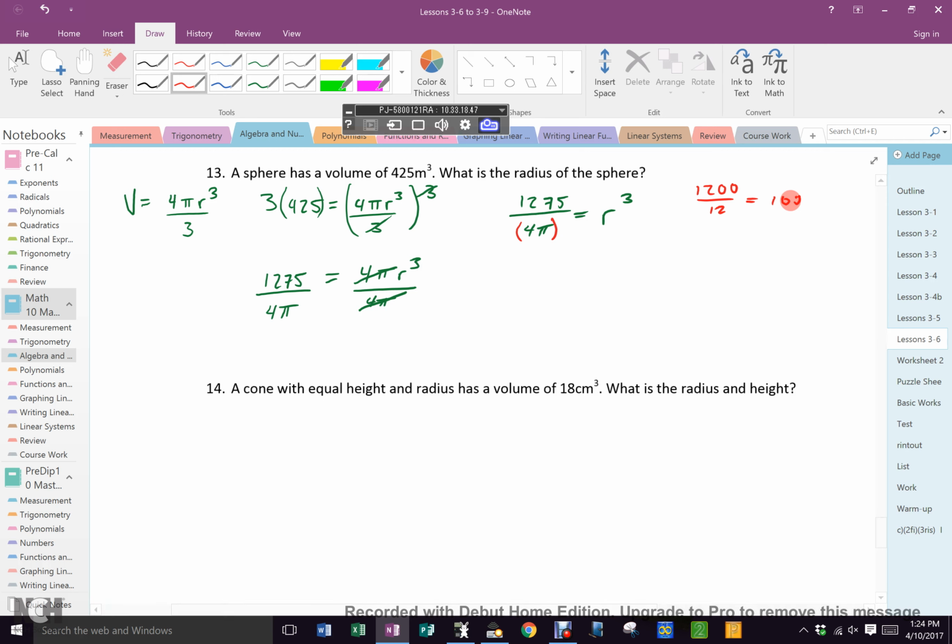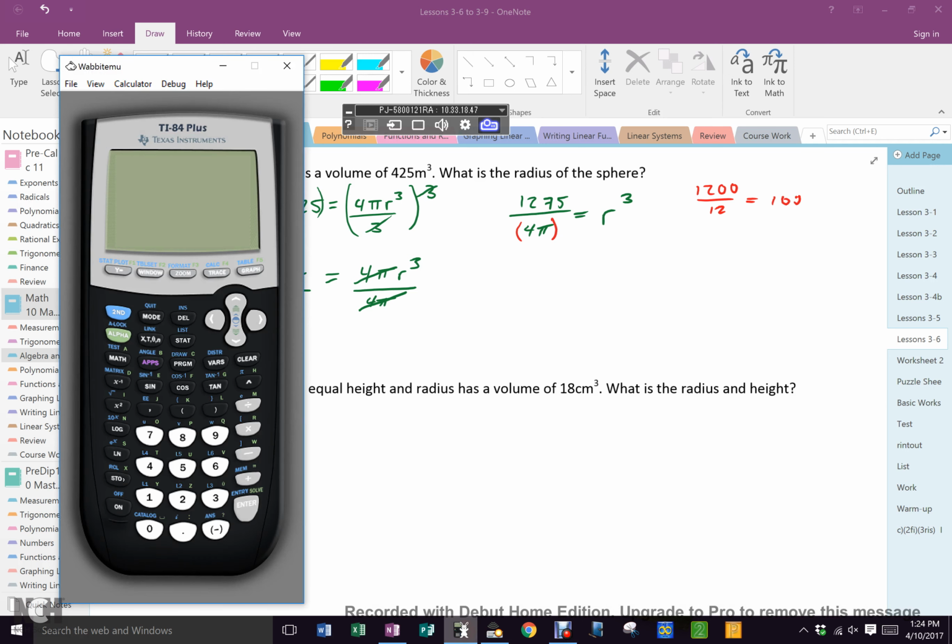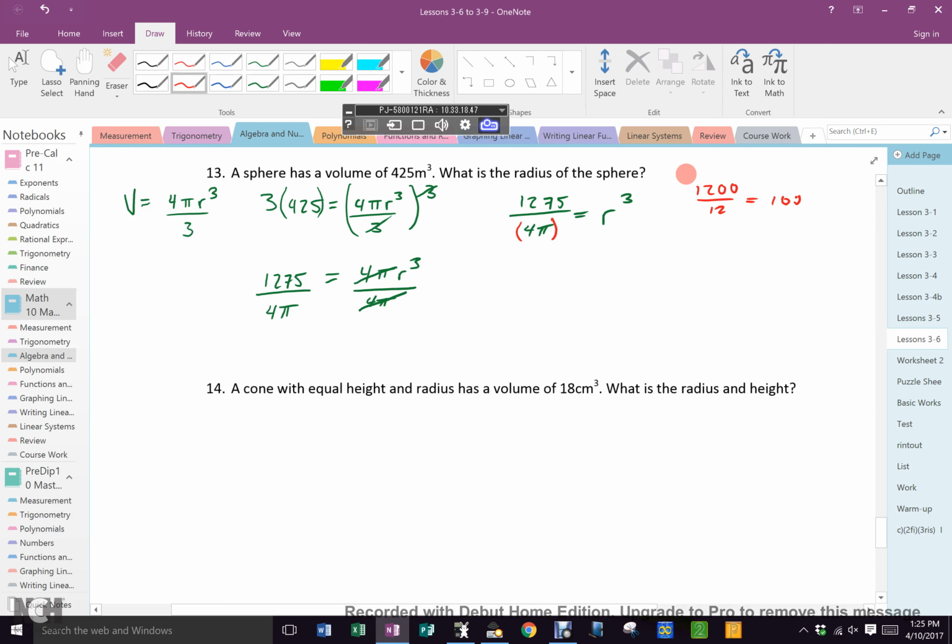Now go to your calculator, make sure you can get the right answer, which of course is 1275 divided by bracket 4 pi 101.46. Is that pretty close to 100? So did I get the right answer? How many of you still are not doing this step? All of you. How many of you should be doing this step? All of you.